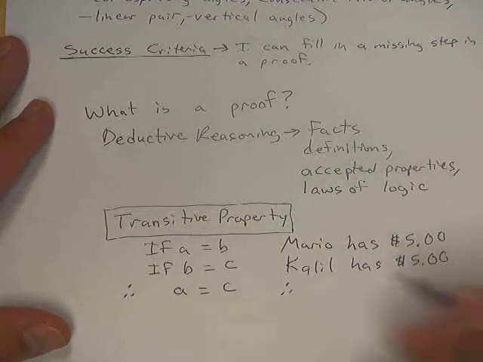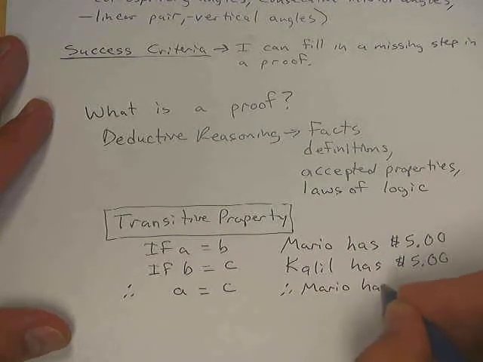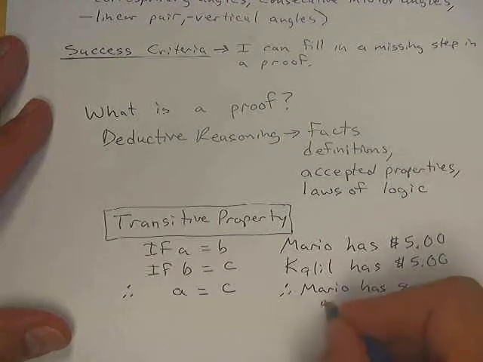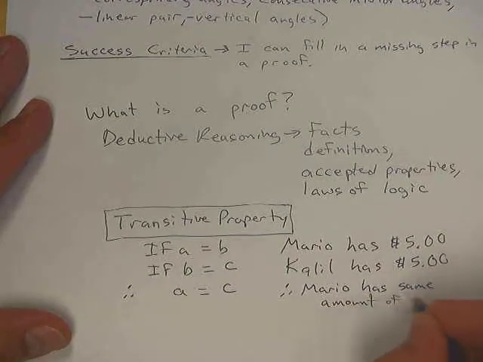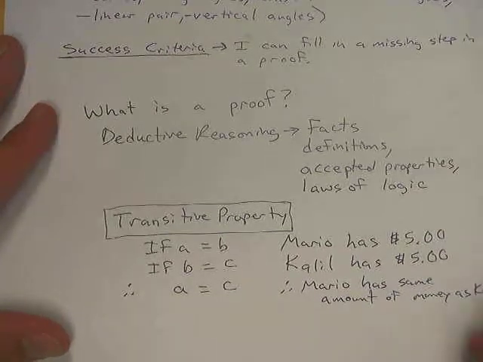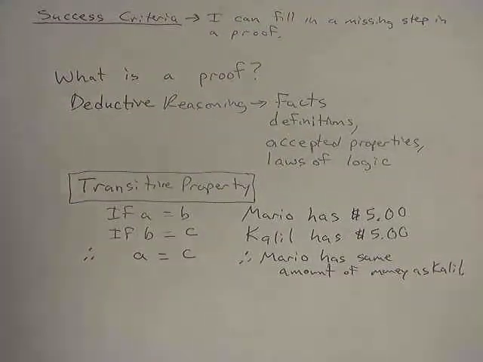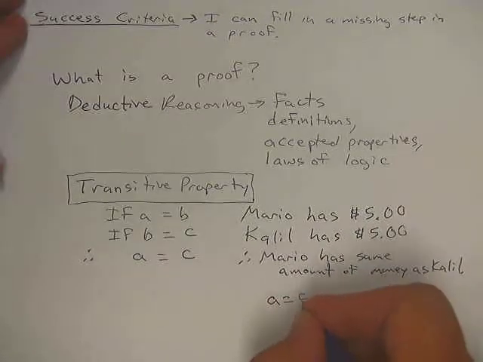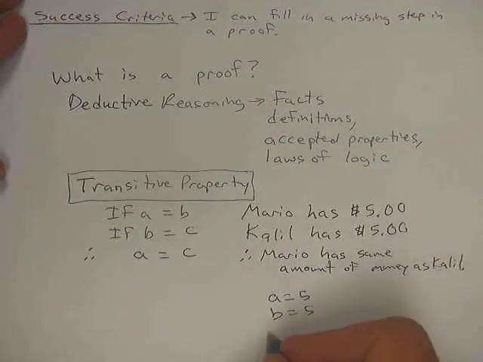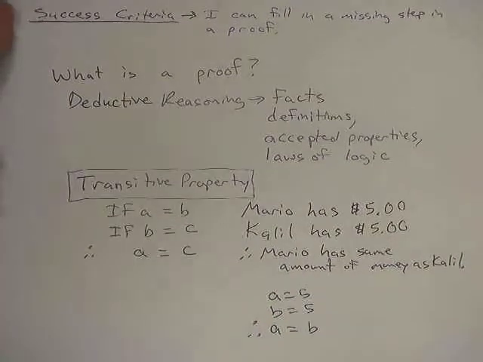If Mario has $5, Khalil has $5, therefore, Mario has the same amount of money as Khalil. Right? Mario has 5, Khalil has 5, so they have the same amount of money. Makes sense, right? And if you think more in math terms, if A is equal to 5 and B is equal to 5, then obviously A is going to be equal to B. That's the transitive property, right?